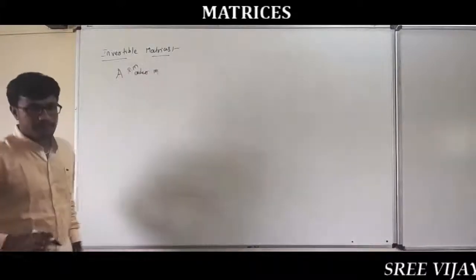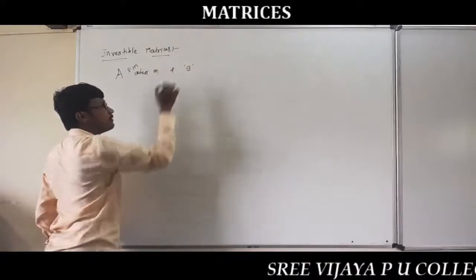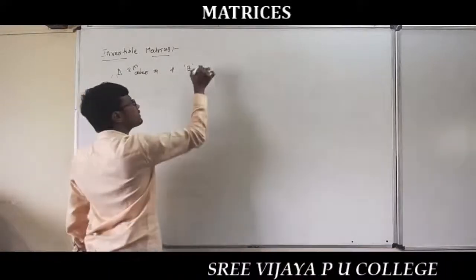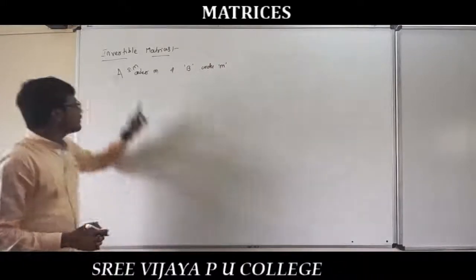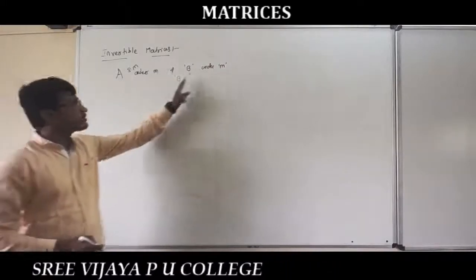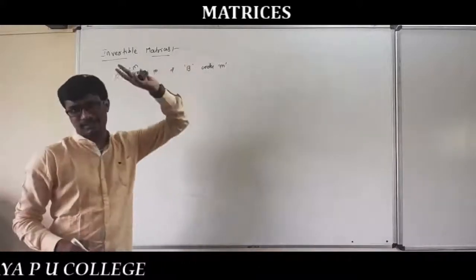Okay, A is a square matrix of order m, and let us take B to be another square matrix of the same order m. If A is 2 cross 2, B is also 2 cross 2. If A is 3 cross 3, B is also 3 cross 3.